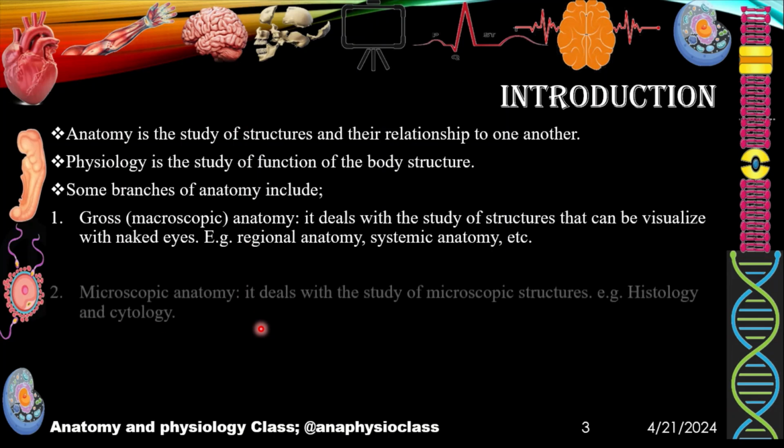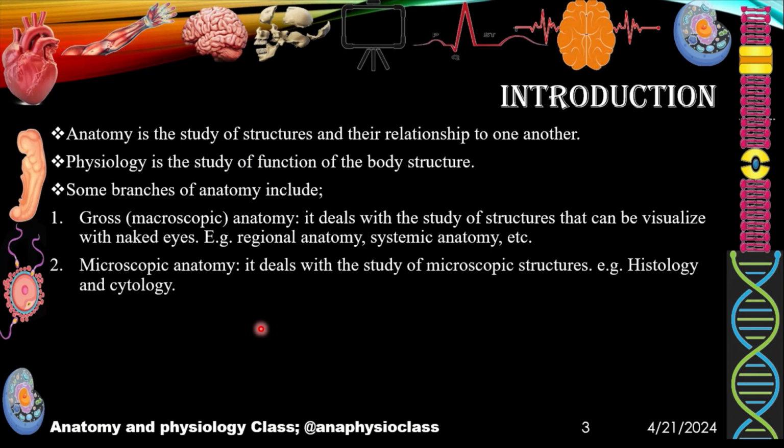Then we also have microscopic anatomy. When we say something is microscopic, we mean something that we can only visualize using a microscope, whether it's magnifying lenses or a light microscope or any other type of microscope. For example, we have histology, which is the study of tissues, and cytology, which is the study of cells. So cells can only be visualized using a microscope.